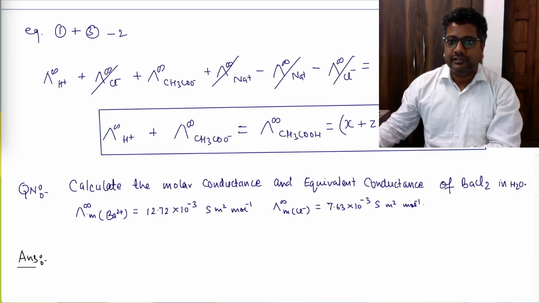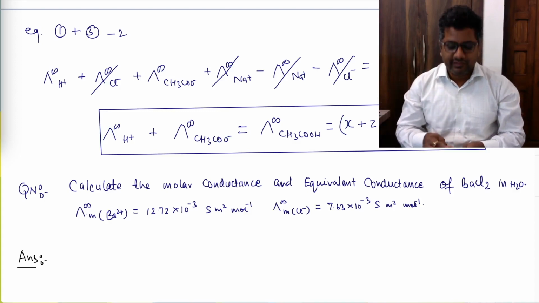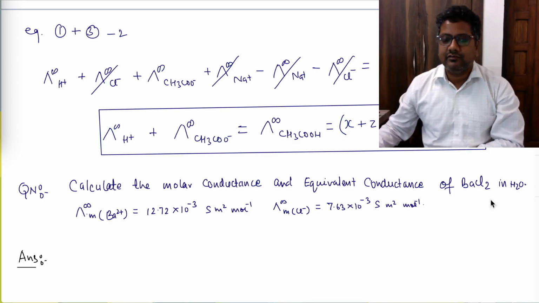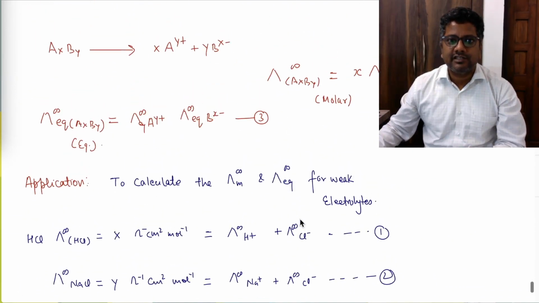Okay, now see this question. This is a very simple question. Calculate the molar conductance and equivalent conductance of BaCl2 in water at infinite dilution, this is given. So just simply apply Kohlrausch's law. See, a general expression I have given you.